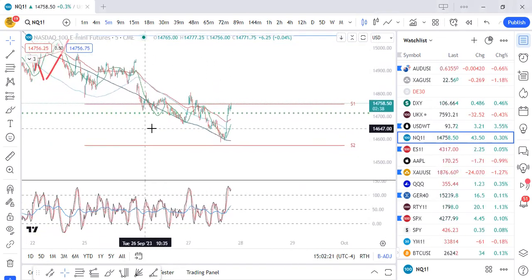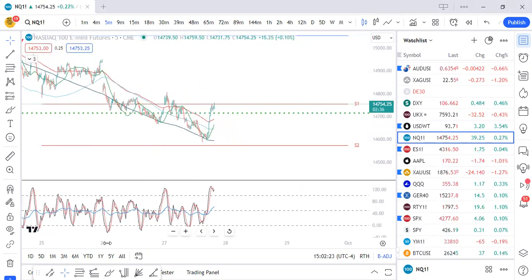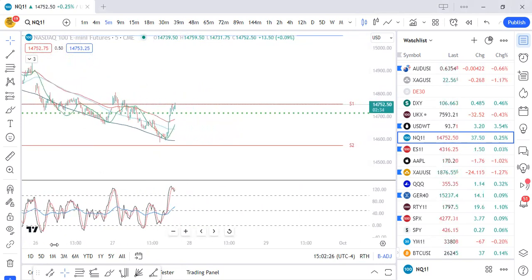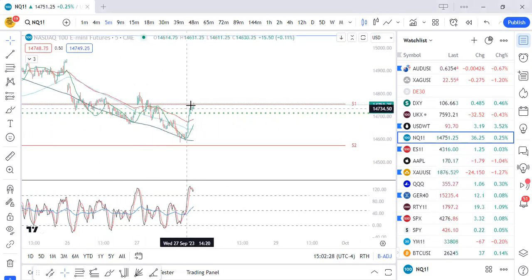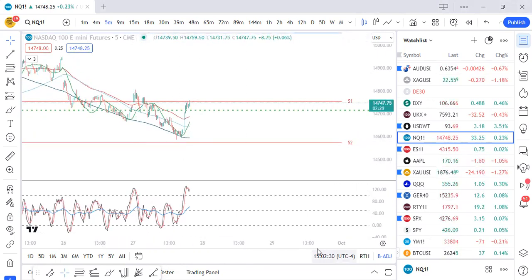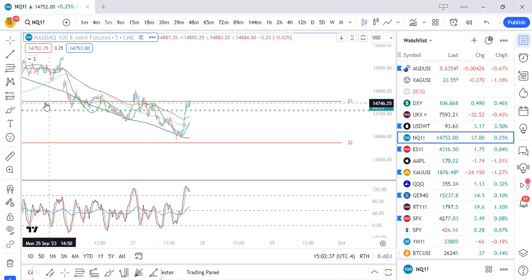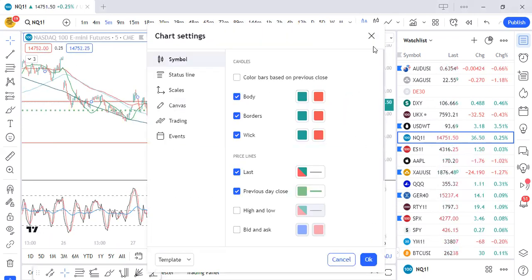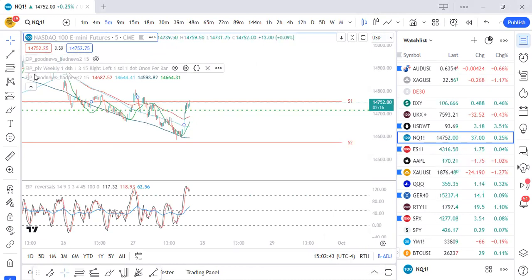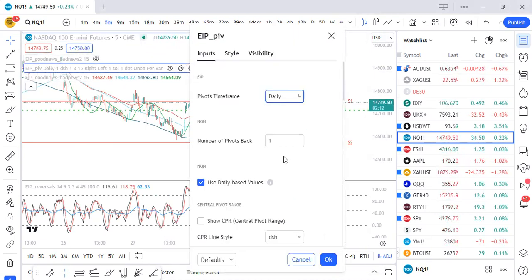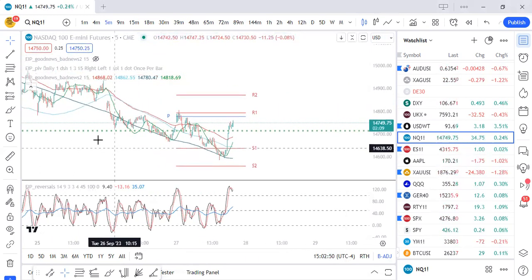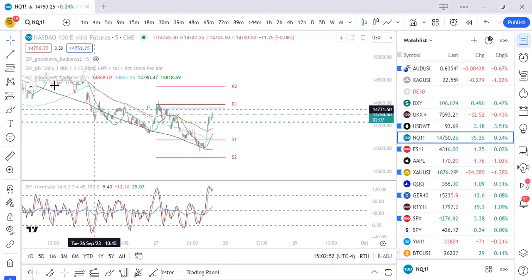So right now we are on S1. Of course we cannot long it over here, but there is one more setup I remember, so let me also tell you that. It's called the type 2 setup.